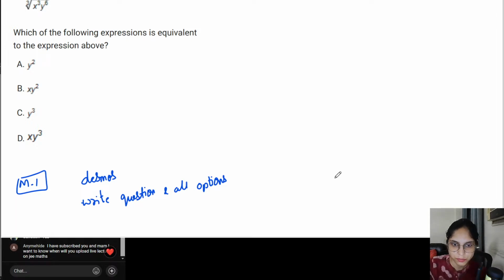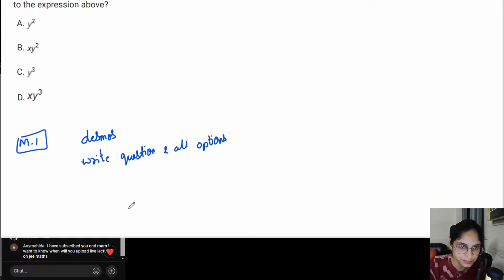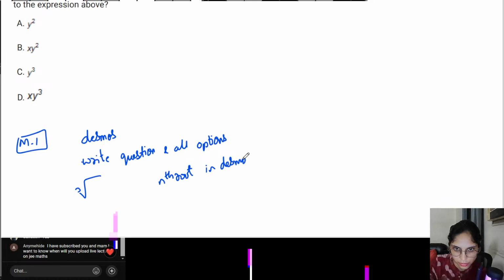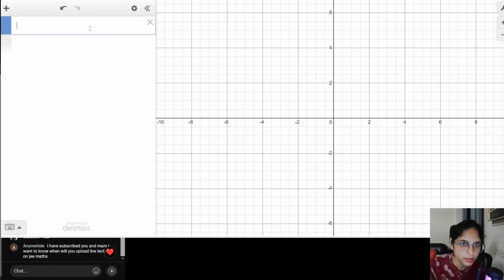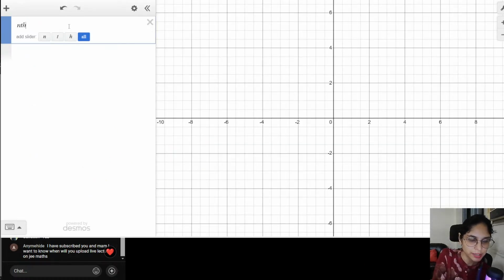Okay, so I don't recommend it. But how do you write cube root? You just write nth root in Desmos. That is what I want to tell you. So you write nth root over here. And now you can write 3 because we're talking about cube root.